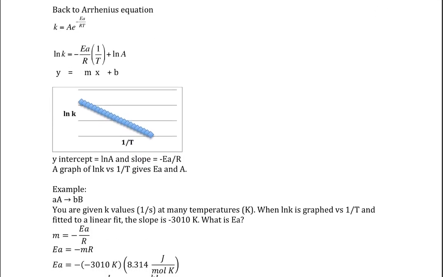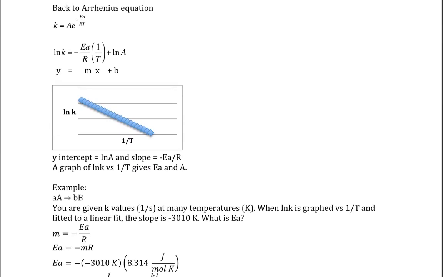Alrighty, back to the Arrhenius equation. So we have k equals A e to the minus EA over RT.